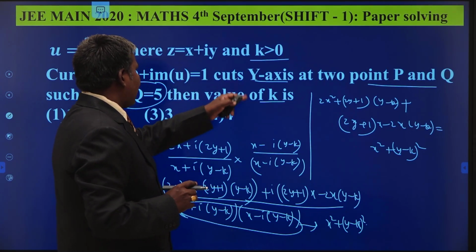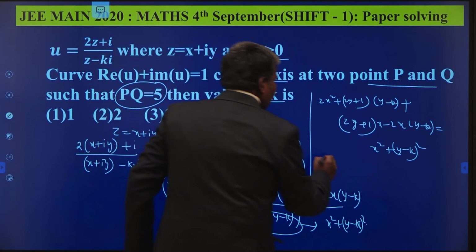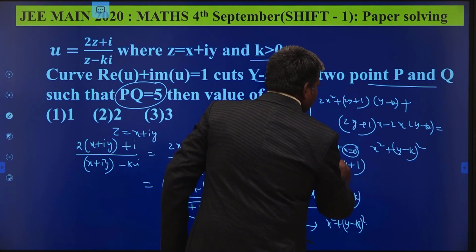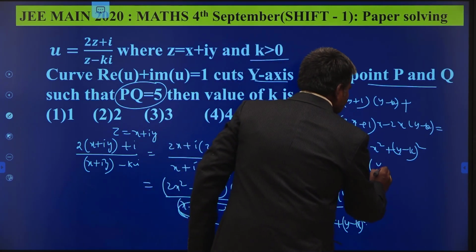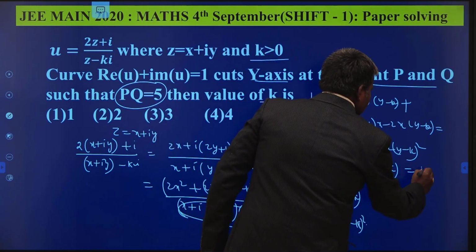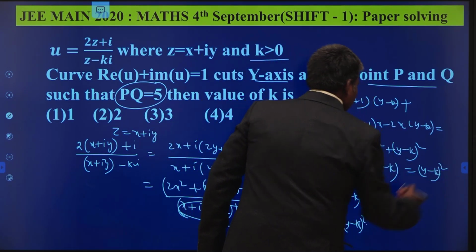It intersects the y-axis. Put x = 0. What happened? (2y + 1)(y - k), the other terms are 0, is equal to (y - k)².